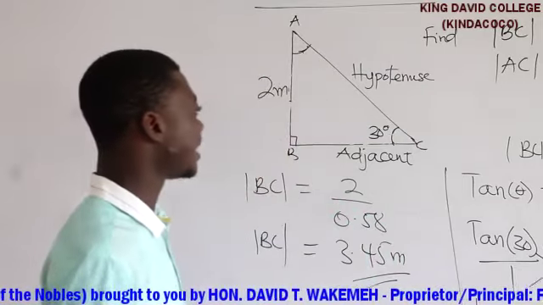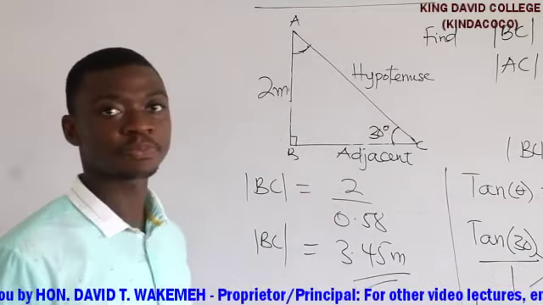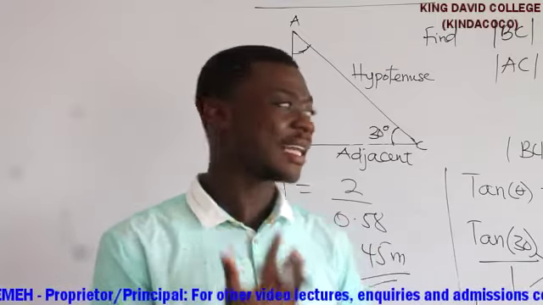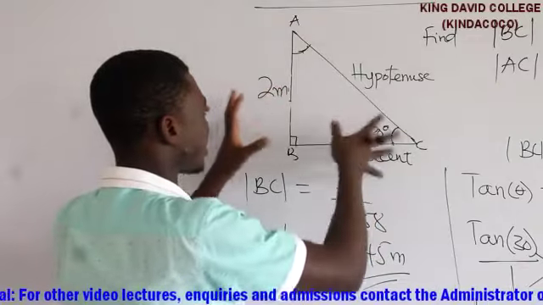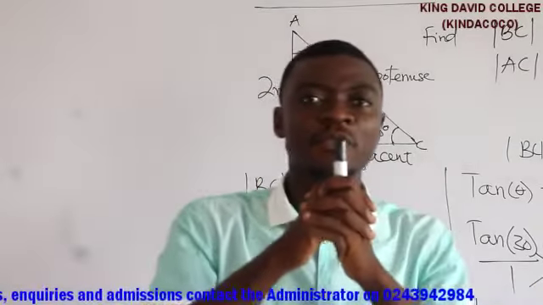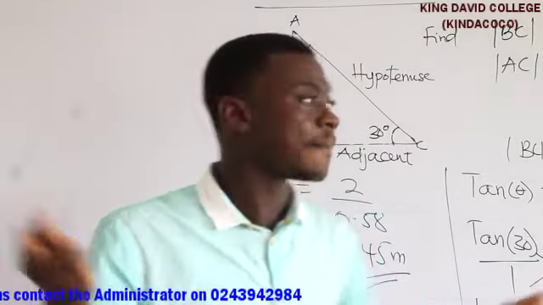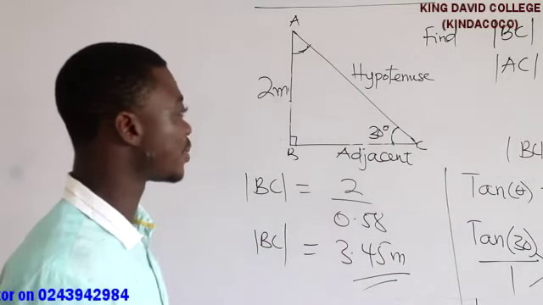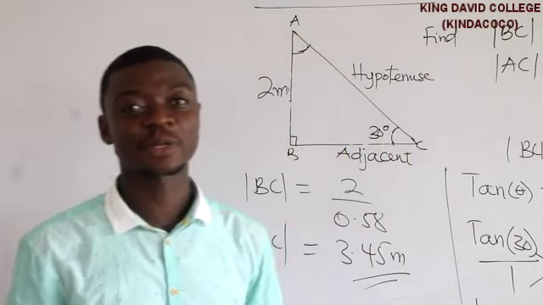So we shall, in our next video, look at how to actually practicalize this, and look at how we are going to draw a particular structure of this nature if we are given, for instance, a word problem, and then we want to deduce the right angle triangle from the word problem.